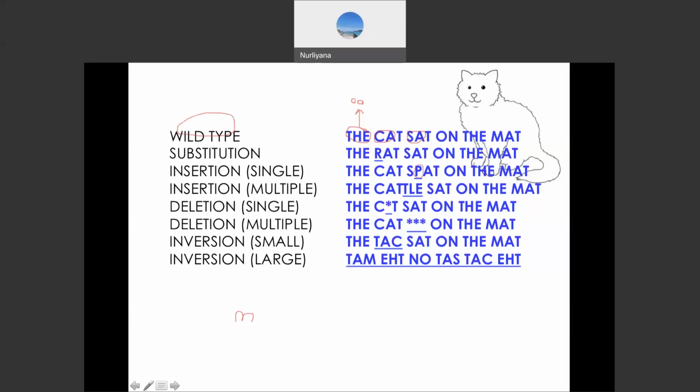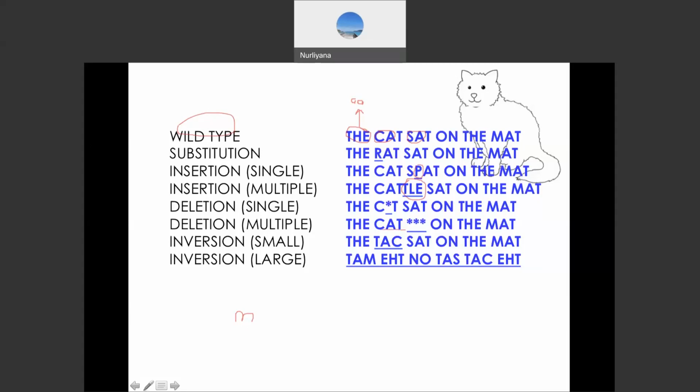The insertion can be either a single base or multiple bases, and this will also occur as a mutation. It can also be deleted, whether it is a single or multiple bases. Inversion means cat diterbalikkan, inverted to be tag. It can also occur in a large manner where the whole thing is reversed or inverted.